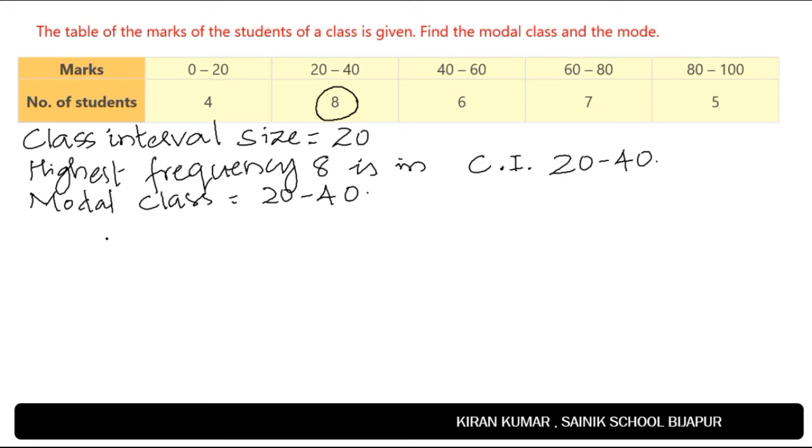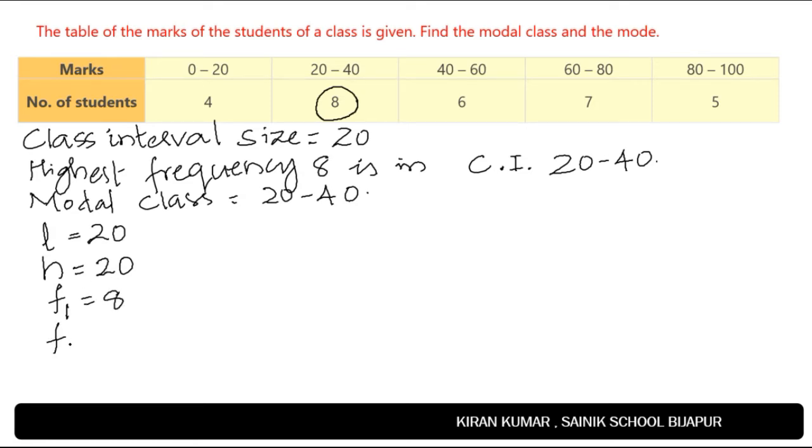Upon observation, you can now identify the lower limit of the modal class. The lower limit of the modal class here is 20. The class interval size is 20. The frequency of the modal class is F1, which is 8.